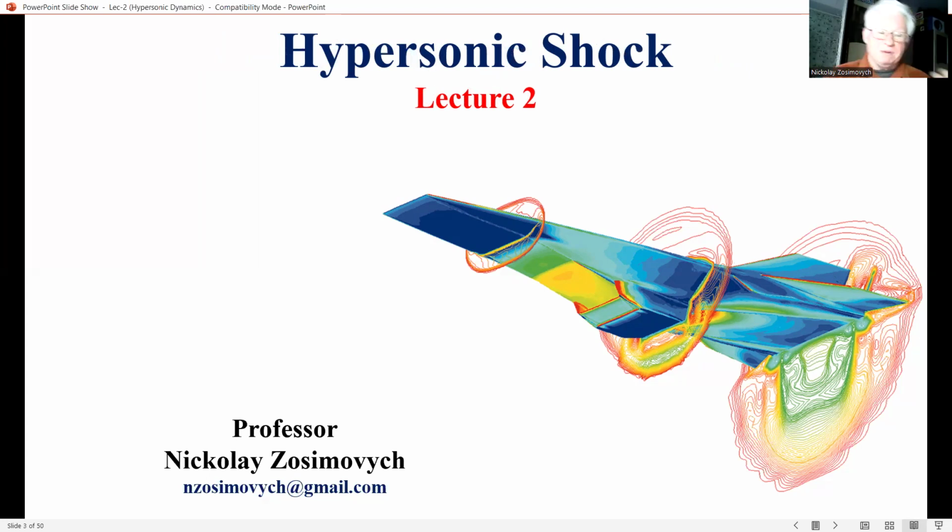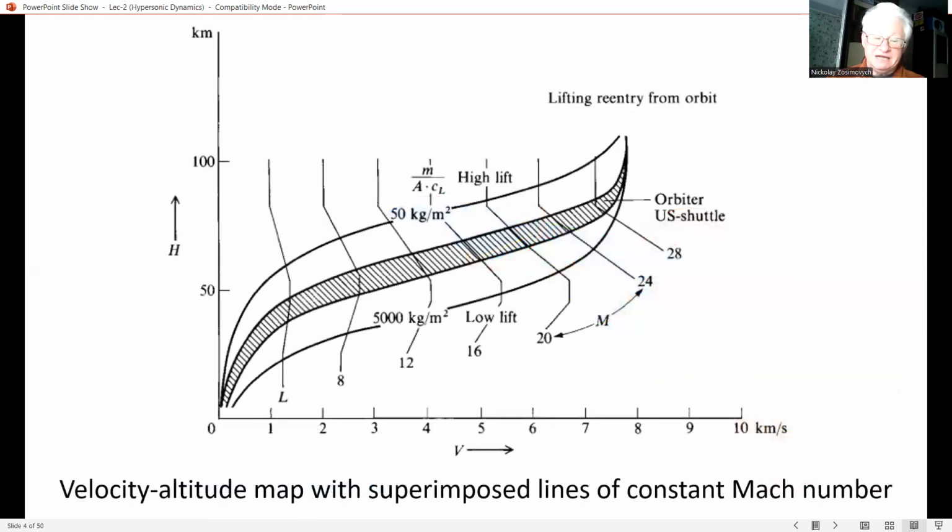Consider an airplane flight at Mach 28 in the outer regions of the Earth's atmosphere, say at an altitude of 120 kilometers. Upon descent into the lower region of the atmosphere, the aircraft can follow one of the lifting trajectories shown on the altitude-velocity map of this slide.